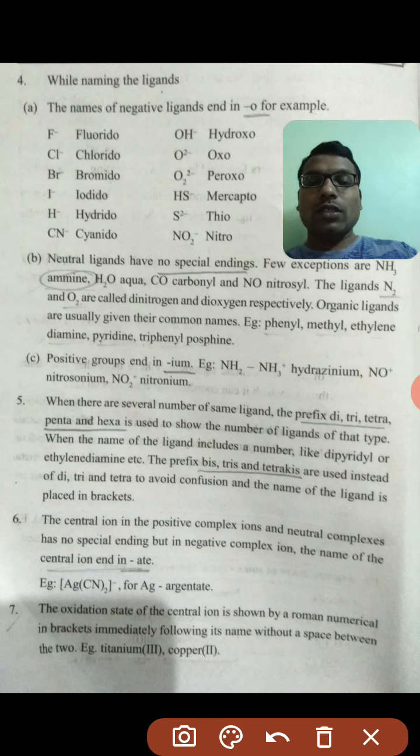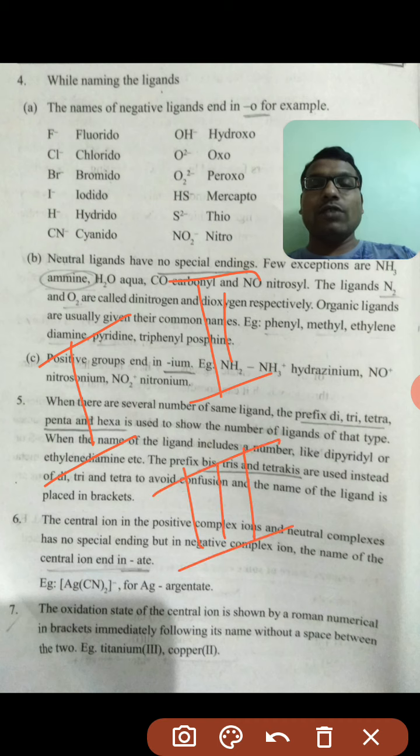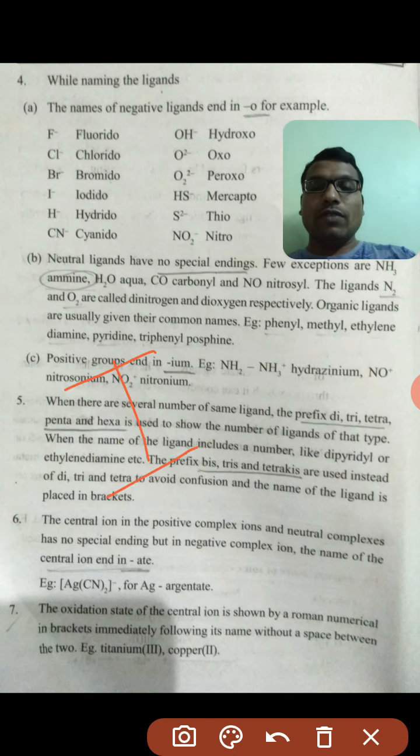While writing, the oxidation state of the central ion is shown by a Roman numeral. This is Roman numeral I, this is II, this is III. After writing the Roman numeral, we should write it in brackets immediately following its name, without a space between the two.